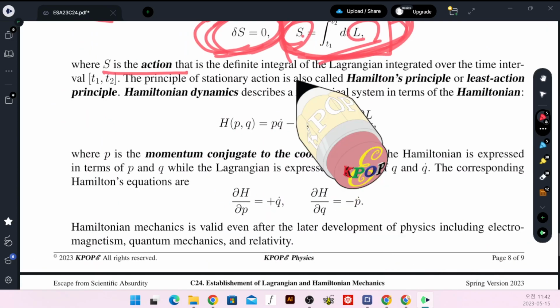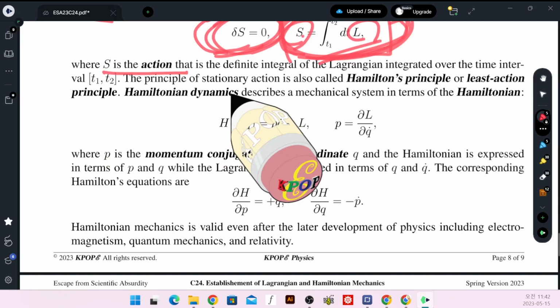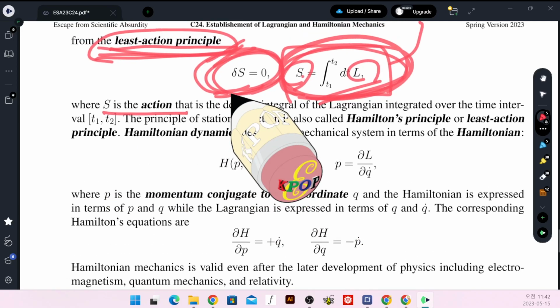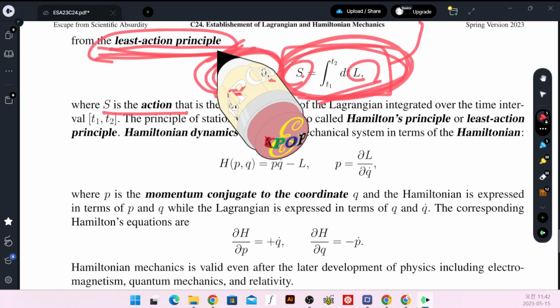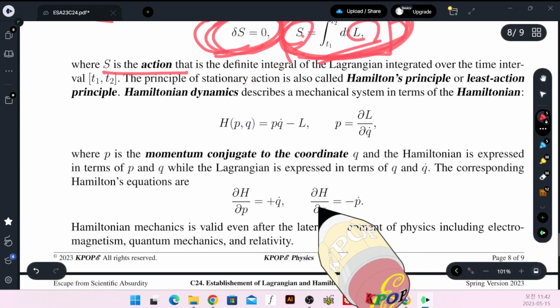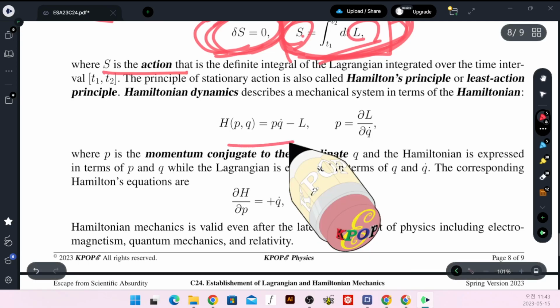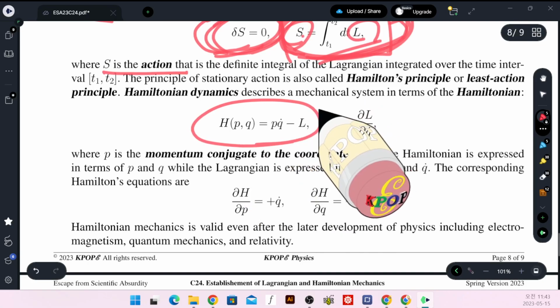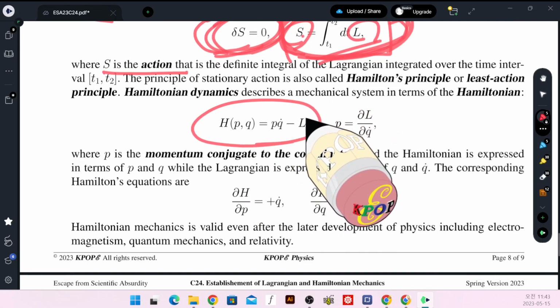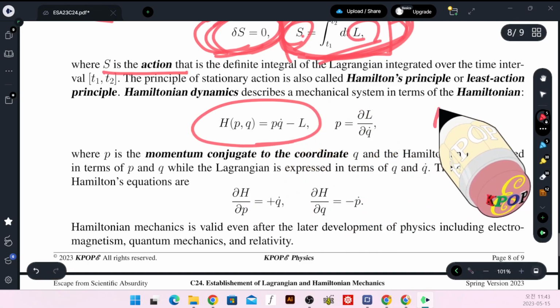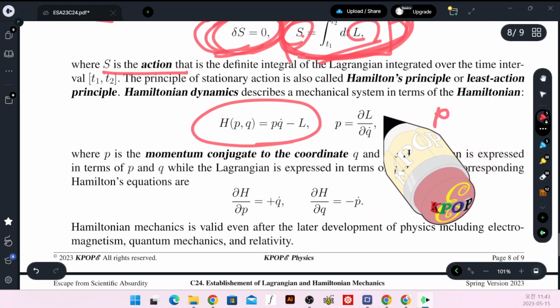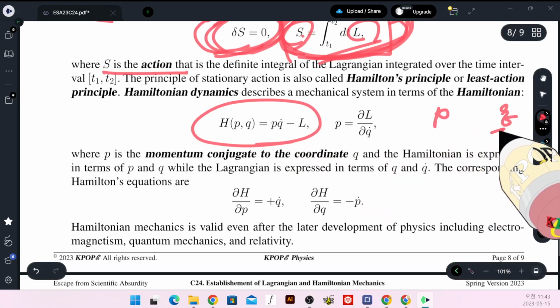Hamiltonian mechanics derives after the introduction of the least action principle. The Hamiltonian is nothing but the total energy of a mechanical system. The Hamiltonian is closely related to the Lagrangian, and we have P, momentum, and Q, that is a coordinate.